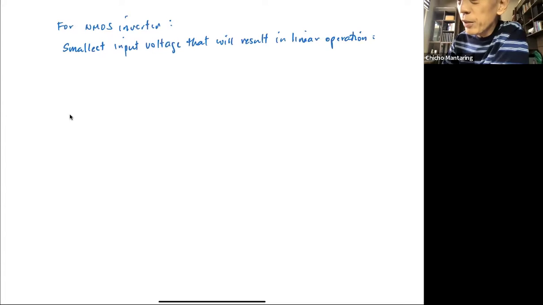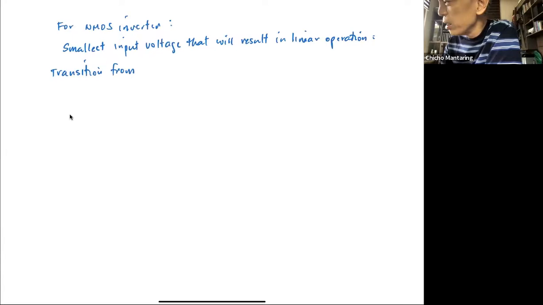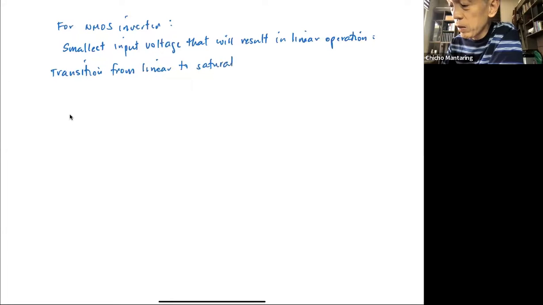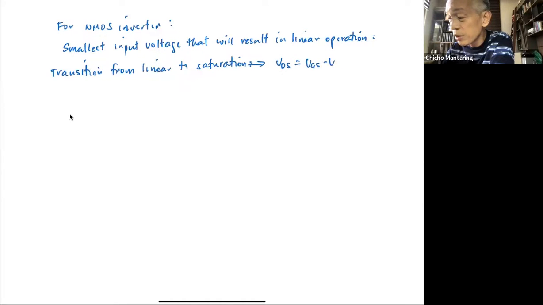The transition from linear to saturation occurs when VDS is equal to VGS minus VTH. Again, if you recall, I drew this graph before.